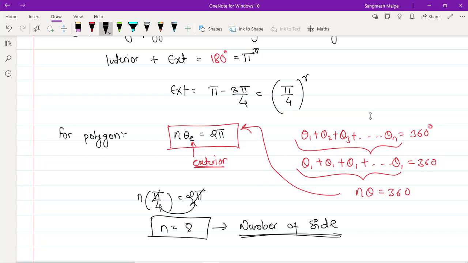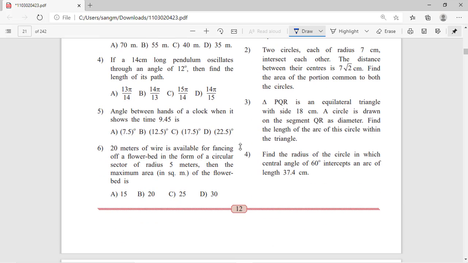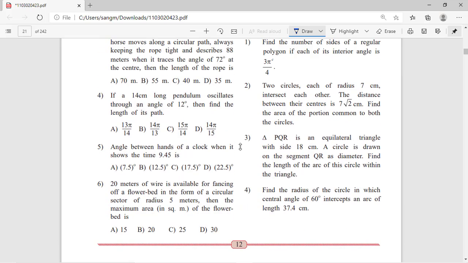Do you understand? Okay, so we will stop here, but before that, solve the questions which we have given for homework in part 1, that is in the miscellaneous. So solve those questions, and with this let's try to solve the questions from here. The two circles one, I will solve, don't worry, you don't solve this.